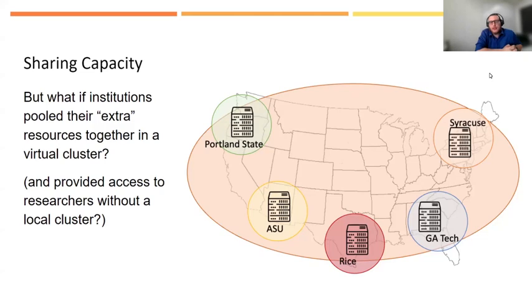So the idea is, if you spent millions of dollars on these servers and you don't want them to just be sitting there doing nothing, well, then how can you get more work to be done on their servers? And the idea is to work together to pool these idle resources and provide a virtual cluster. And hopefully the way this would work is that someone at one of the contributing institutions would be able to use idle capacity that's at any of the institutions.